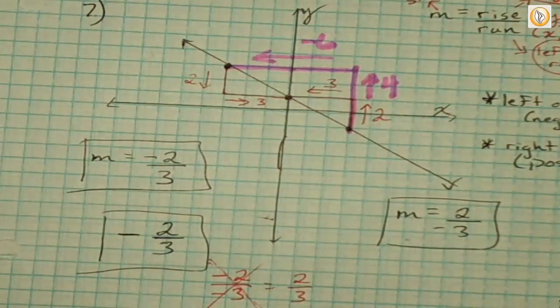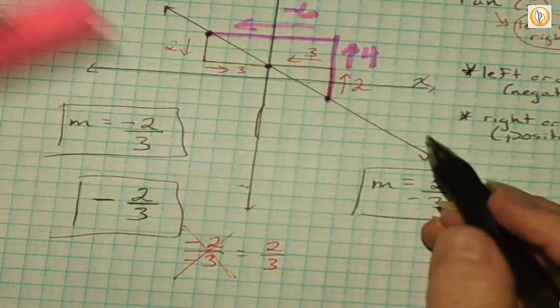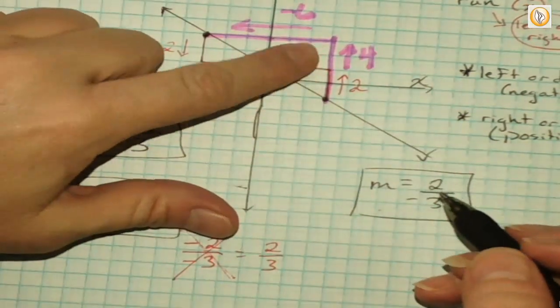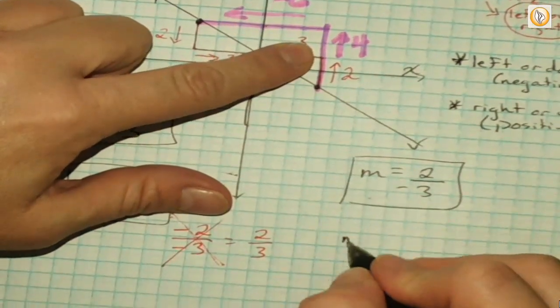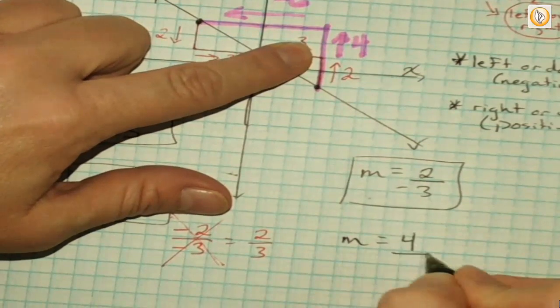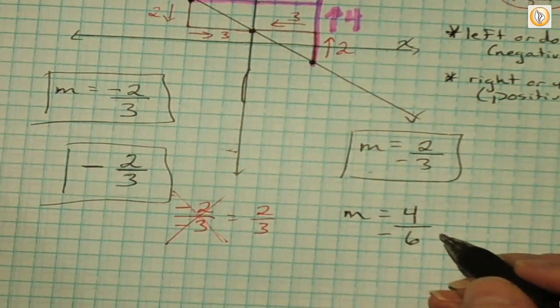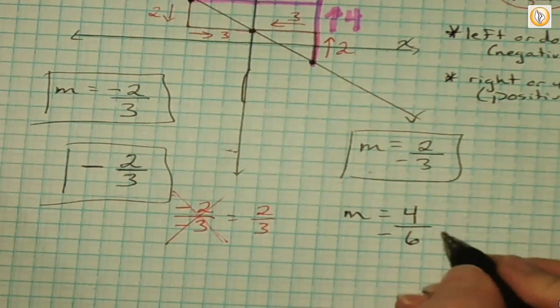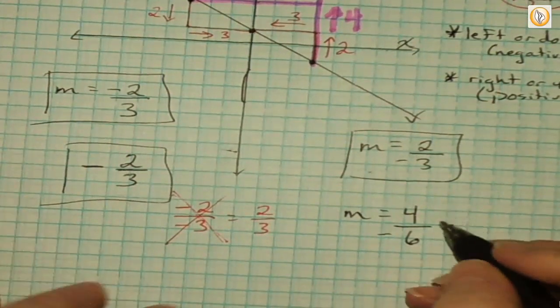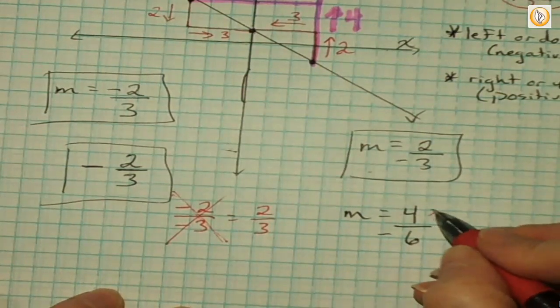So now my rise over run, because you have to use this number first, would be 4 over negative 6. Is that in lowest terms? No. So we divide by 2.